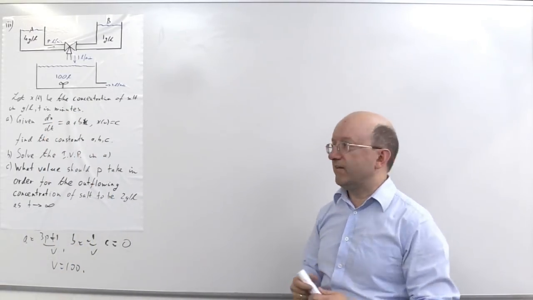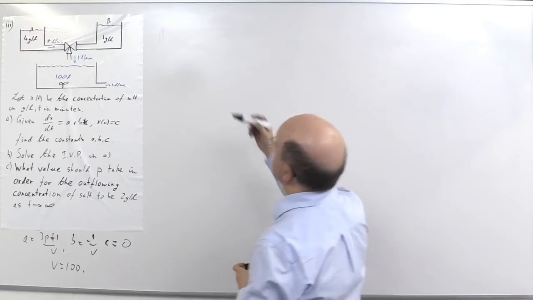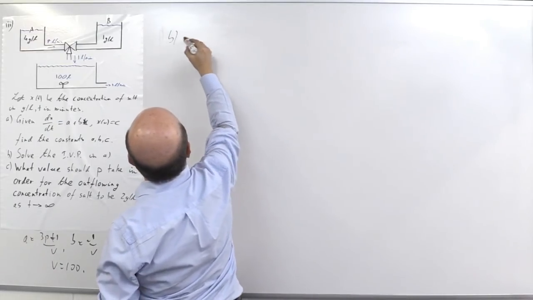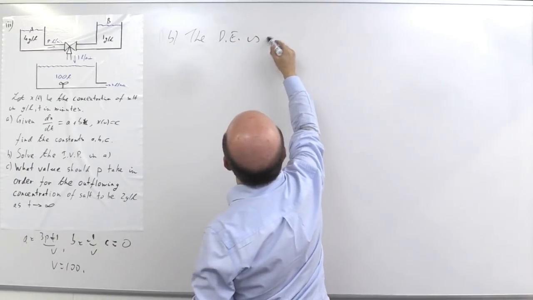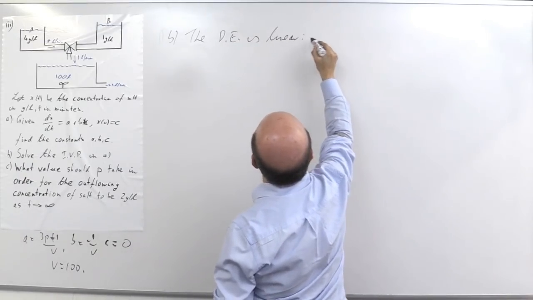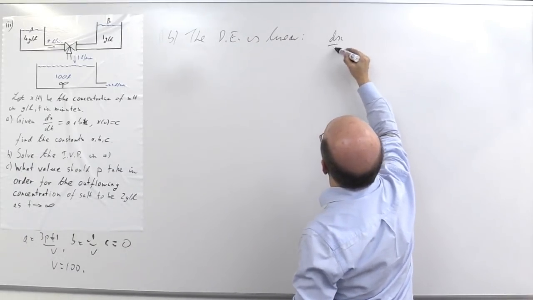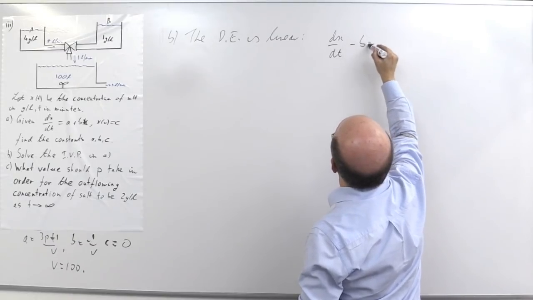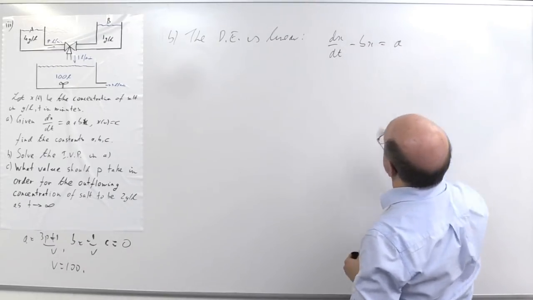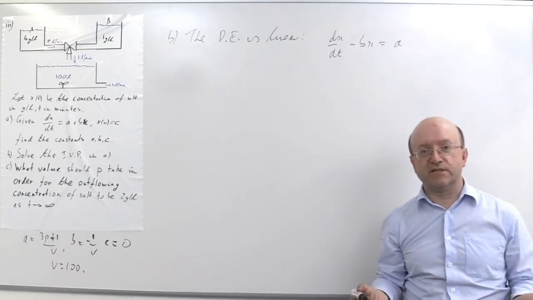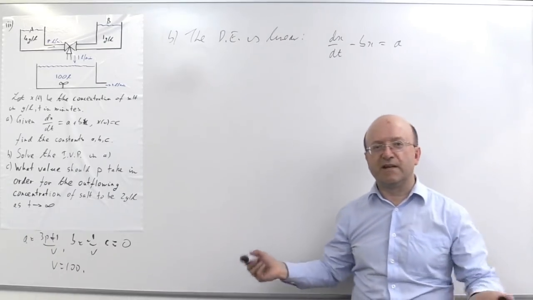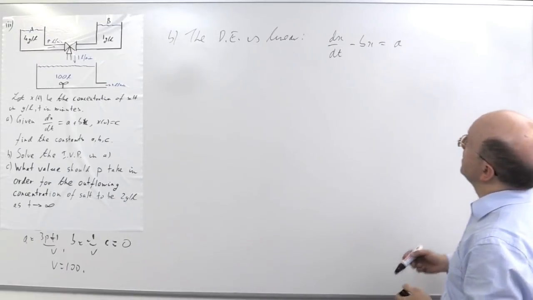Well, the DE is linear again, so it's an integrating factor job. So the DE is linear. And writing it in its standard form, dx dt minus bx is A. Right? With x of 0 being 0, I will use 0 rather than C, obviously.